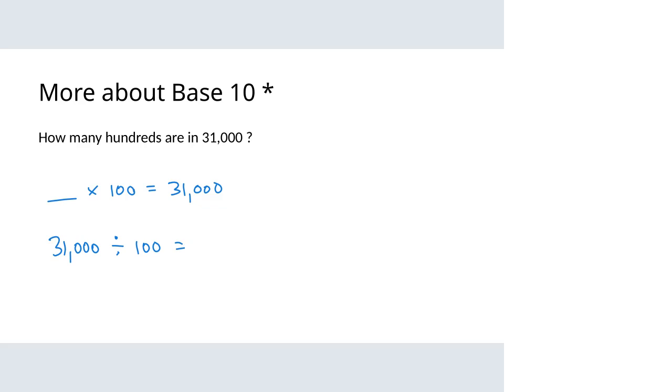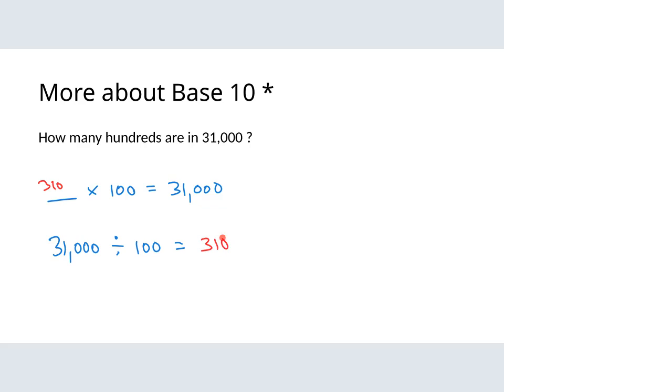And then the other way to look at this is, well, since we're talking about hundreds, I'm just going to section this off at the hundreds place, and there's 310 hundreds that would be in that number. If we tried it down here, 310 times 100 would give us 31,000. 31,000 divided by 100, there'd be 310 of them.